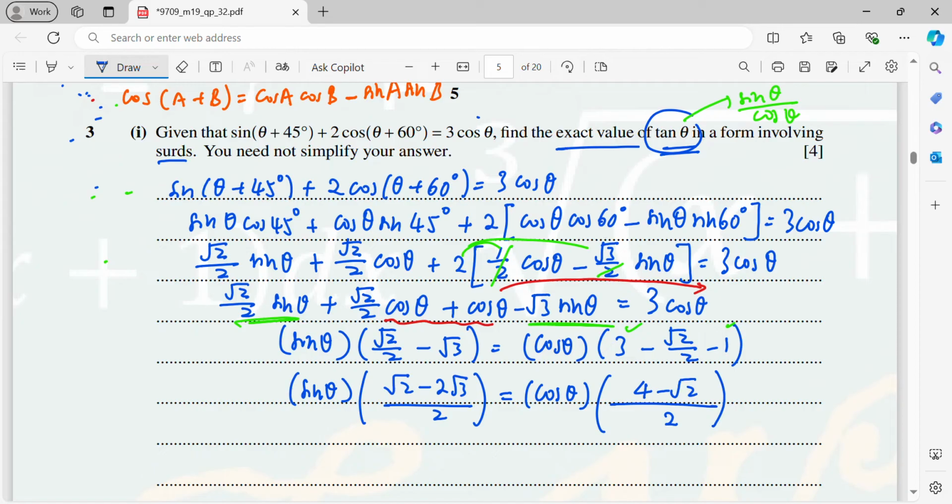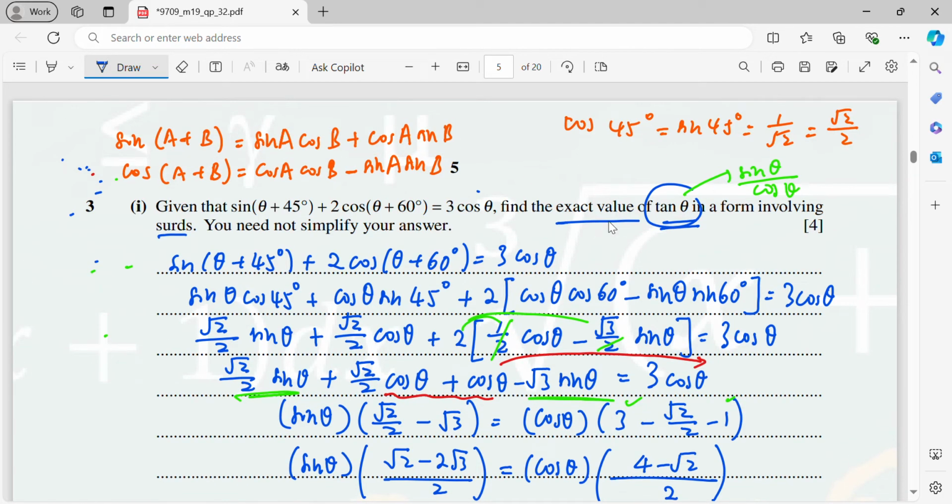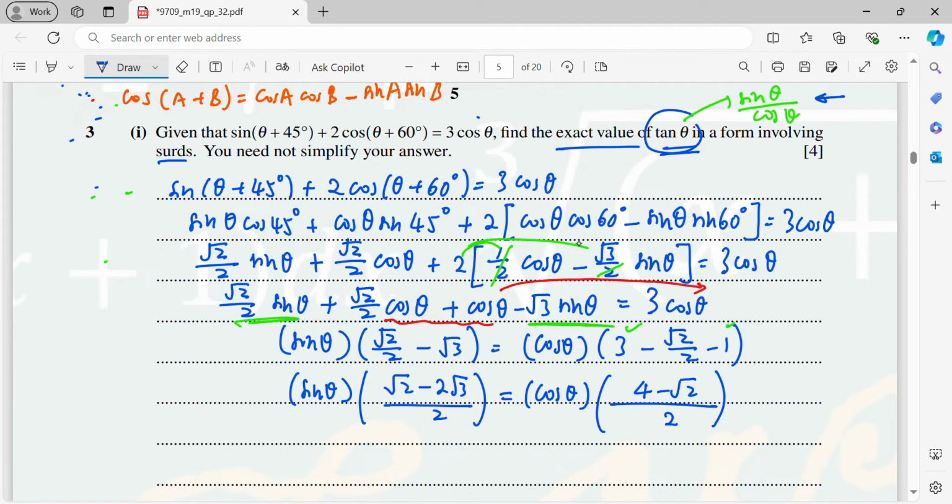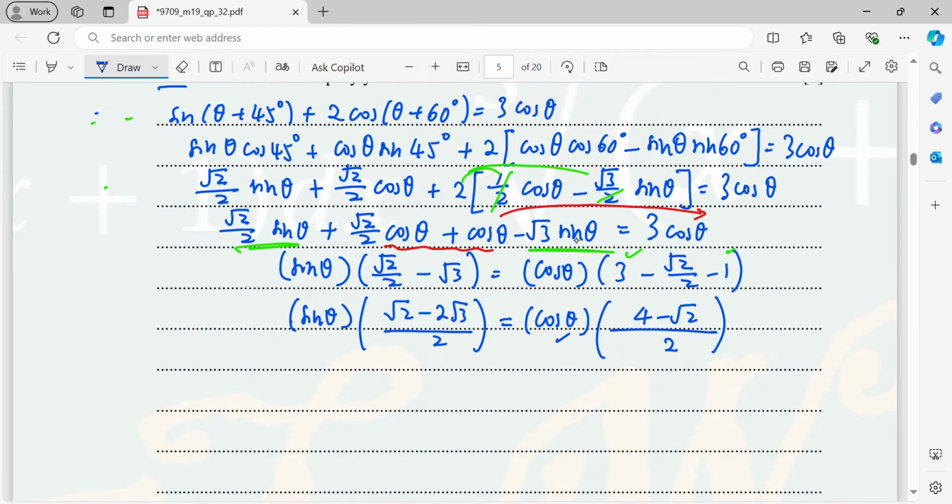And now I will just use this concept. Tangent theta is sin theta over cos theta, which means I divide the whole equation by cos theta, or probably you can say this cos theta on the right side move to the left side. Okay, so then from here, before that, I notice that both sides also over 2, so the over 2 can be cancelled off, which means very simple now.